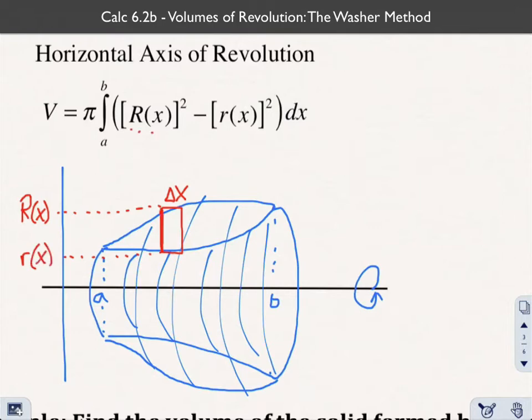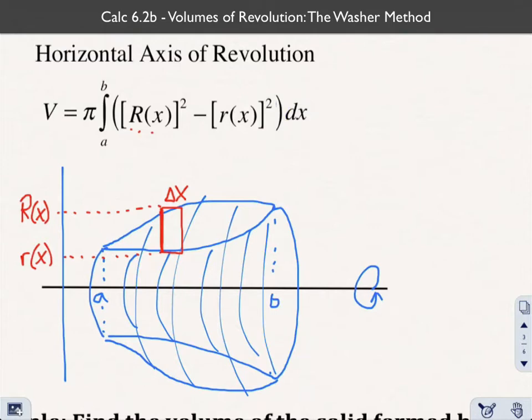So the volume is going to be pi, because we're dealing with pi r squared, times the integral from a to b of capital R of x squared, the top one, minus lowercase r of x squared, the bottom one, times dx.